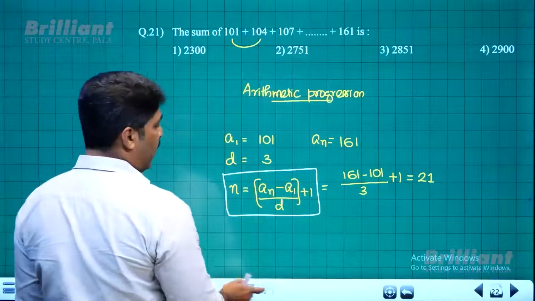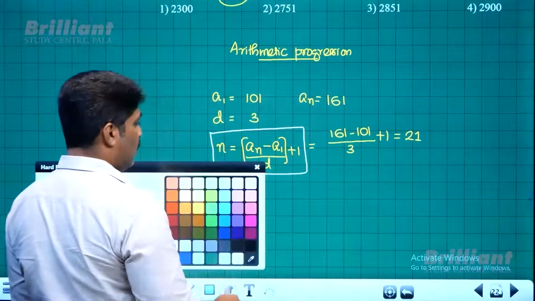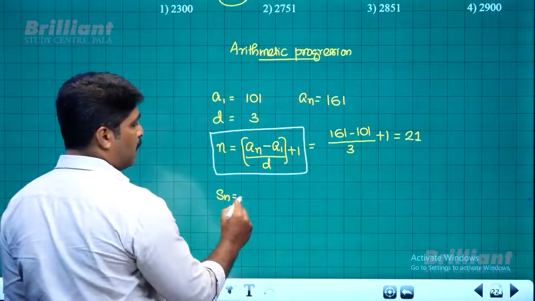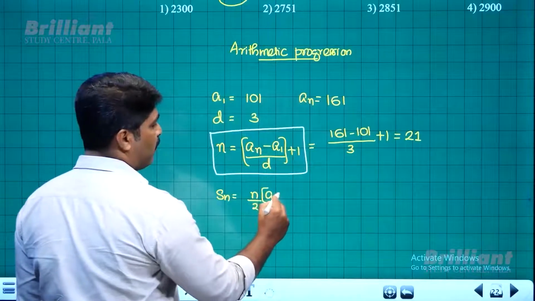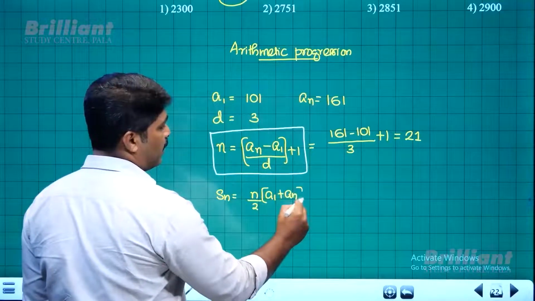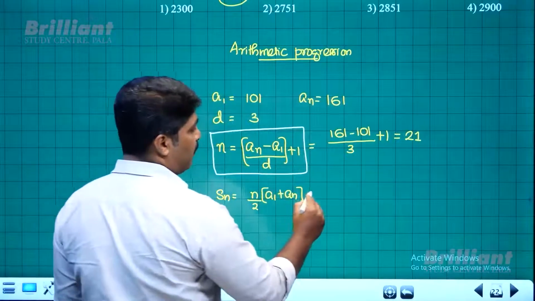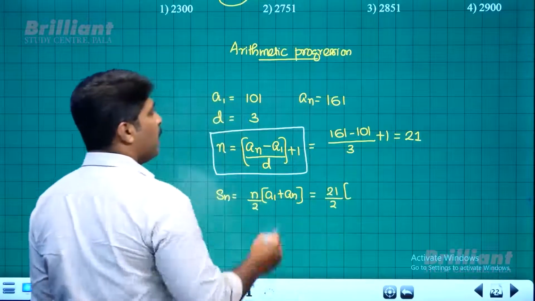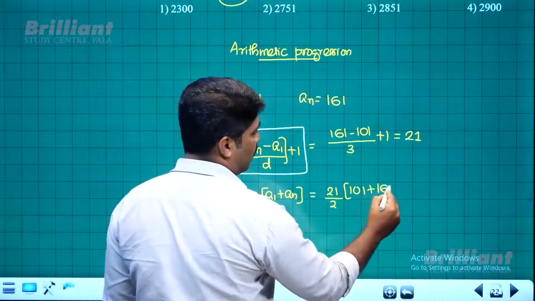The next one, we have to consider the sum of the terms. So that is Sn. For the sum of the terms, the result is n by 2 into A1 plus AN. Got it? Here again, n is 21. This is 21 by 2 into 101 plus 161.